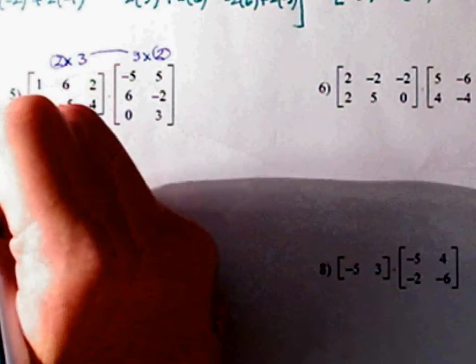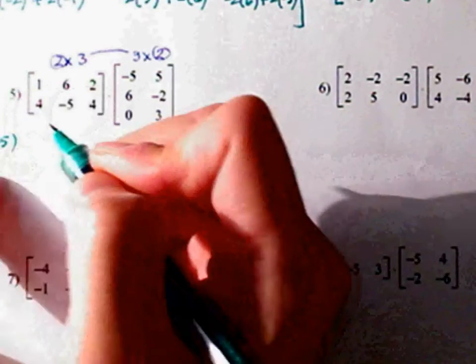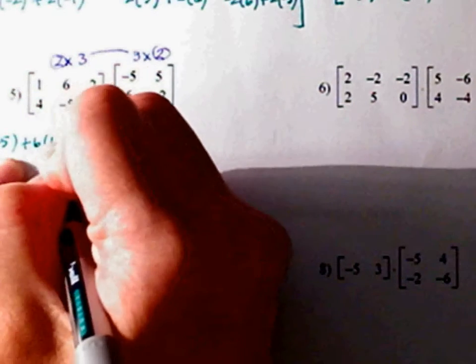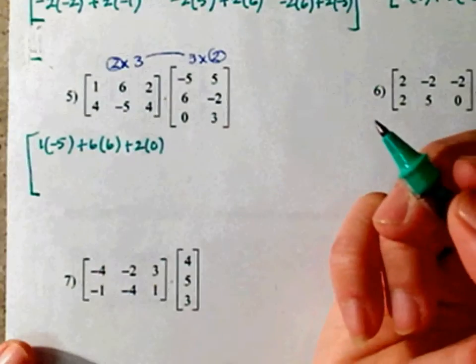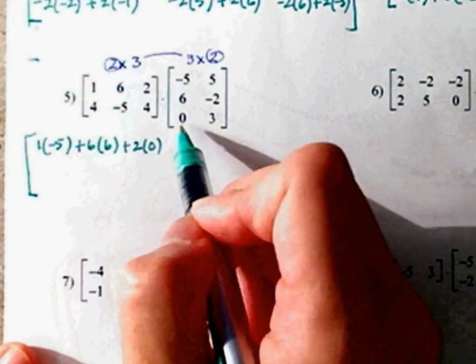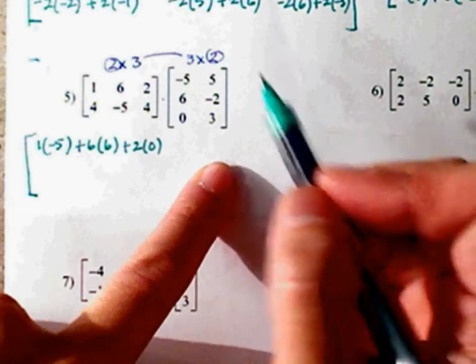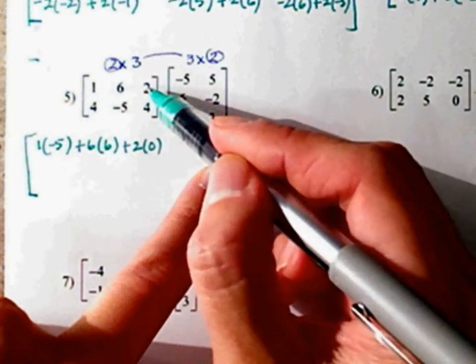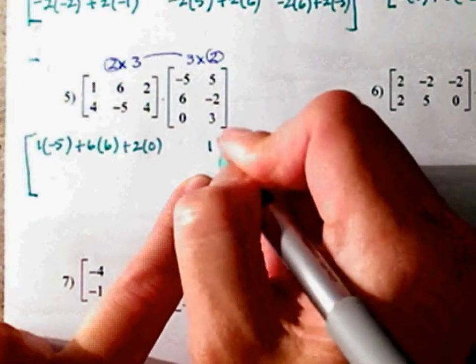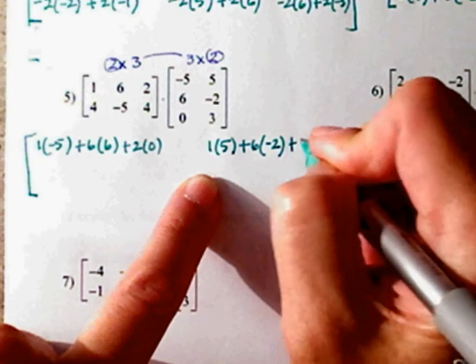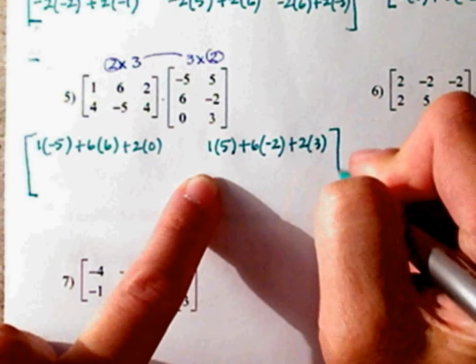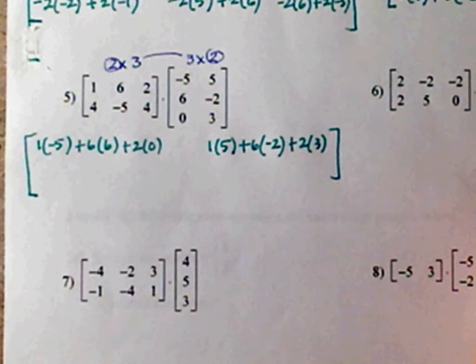So 1 times negative 5 plus 6 times 6 plus 2 times 0. Okay, here's your second row, second column. First row, second column. 1 times 5 plus 6 times negative 2 plus 2 times 3. Notice your new dimension is going to be a 2 by 2.